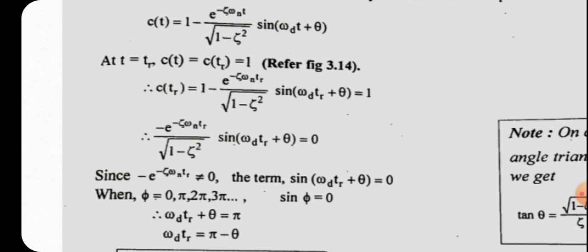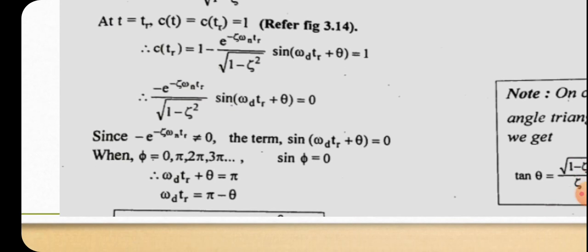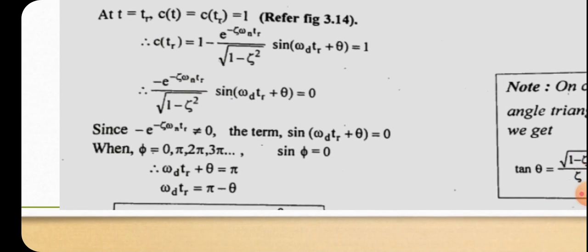And we can rearrange this equation by taking 1 on the same side. So we will get e raised to minus epsilon omega n Tr divided by square root 1 minus epsilon square into sin omega d Tr plus theta equal to 0. And since e raised to minus epsilon omega n Tr is not equal to 0, the term sin omega d Tr plus theta equals 0.